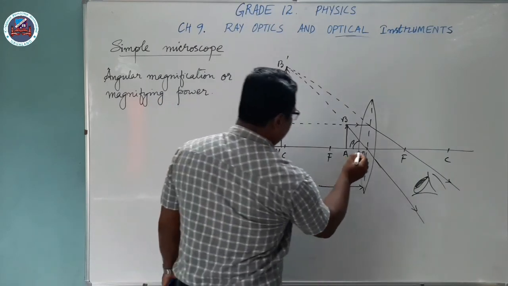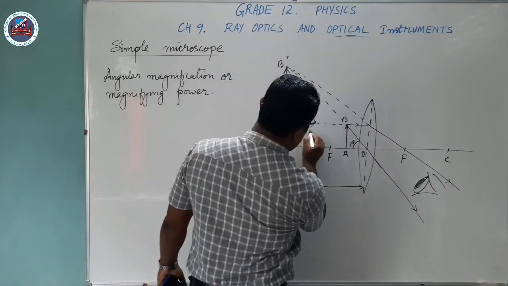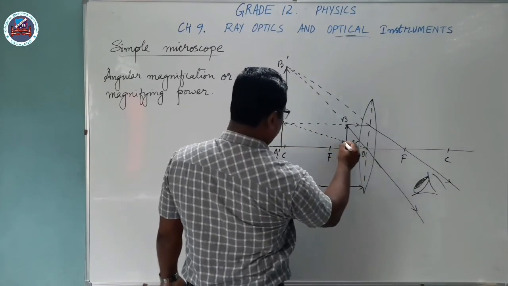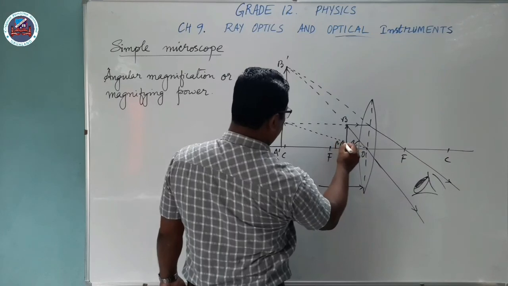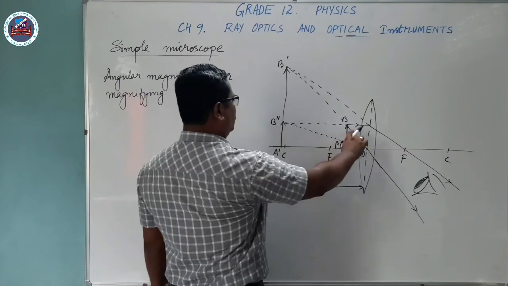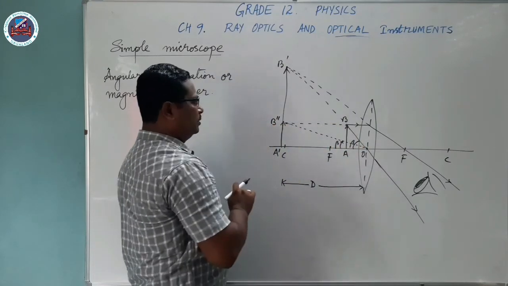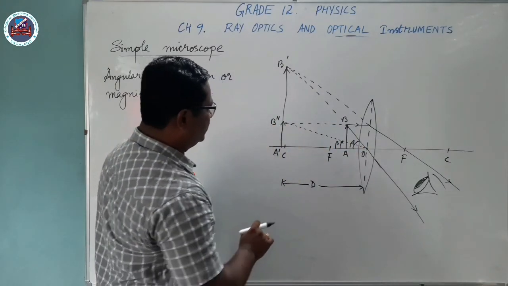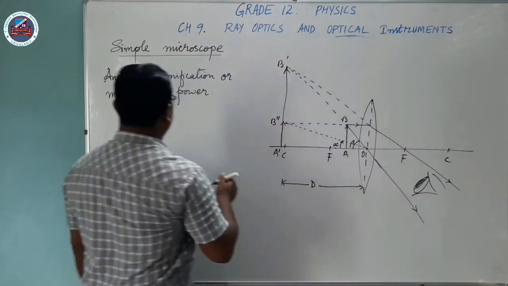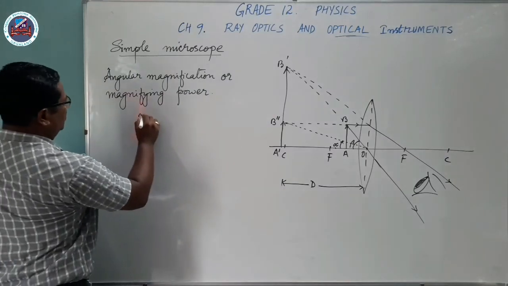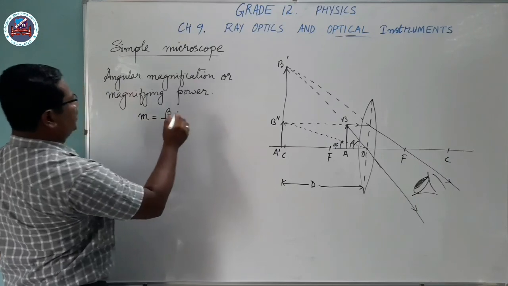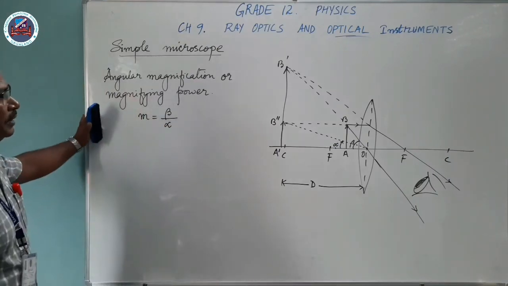The angle subtended by the image seen through the microscope we mark as beta, and the angle subtended while looking at the object placed at the distance of distinct vision we take as alpha. So beta by alpha gives us the angular magnification produced by a lens.